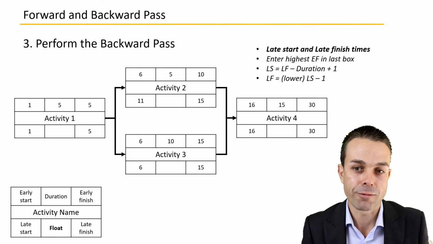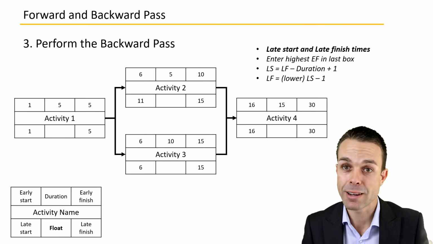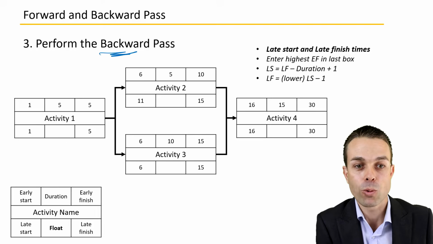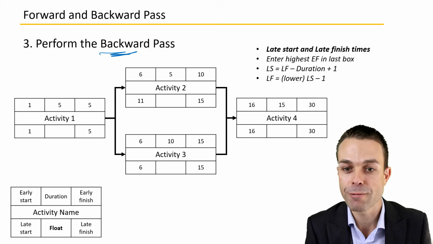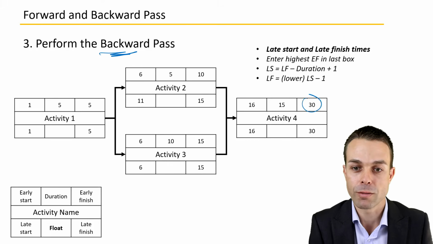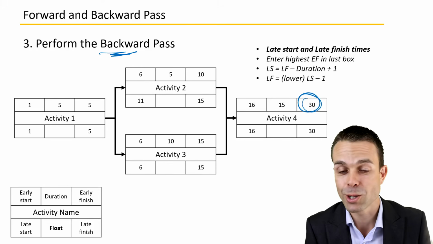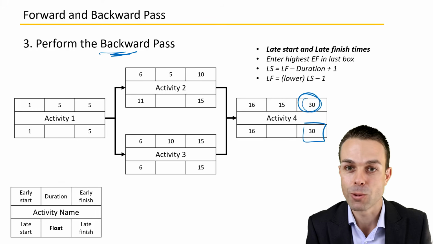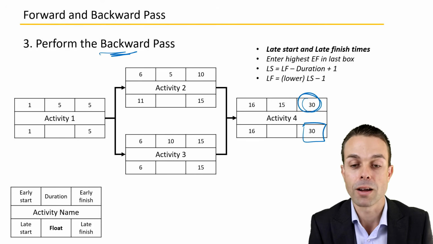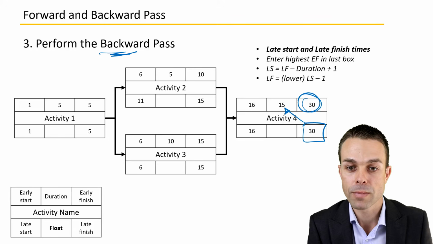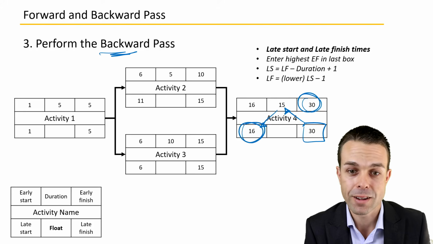Once we have the early start and finish times, we can get the late start and late finish times via the backward pass. And the way that we do that is we enter the highest early finish in the last box. So obviously this one only had 1, so we had 30, and 30 is where we're sitting for our late finish times. Now we minus the duration, so 30 minus 15 plus 1 equals 16. So that's how we get the late start for this particular one.